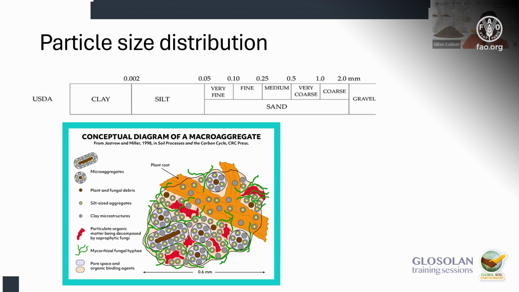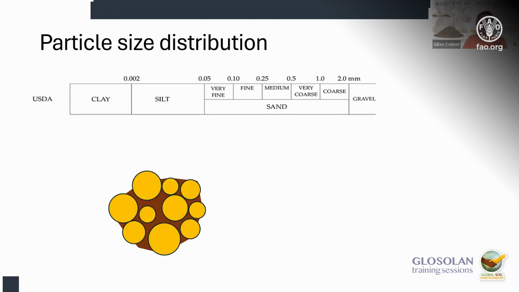And the idea of the particle size distribution determination is to have an idea of the distribution of the mineral constituents of the soil between the various size classes. We want to eliminate all the elements that could make cement, that could make a link between these particular elements.